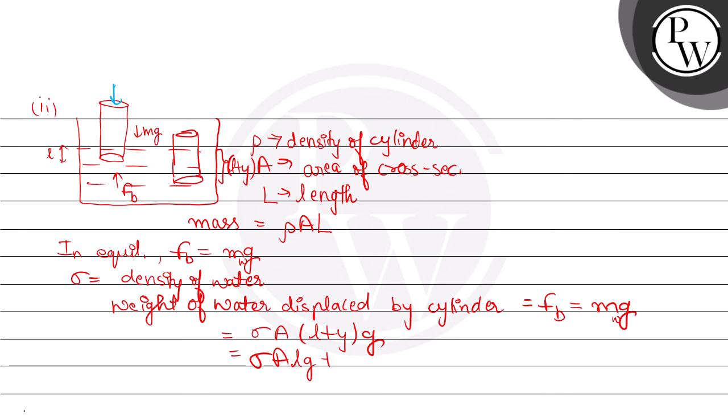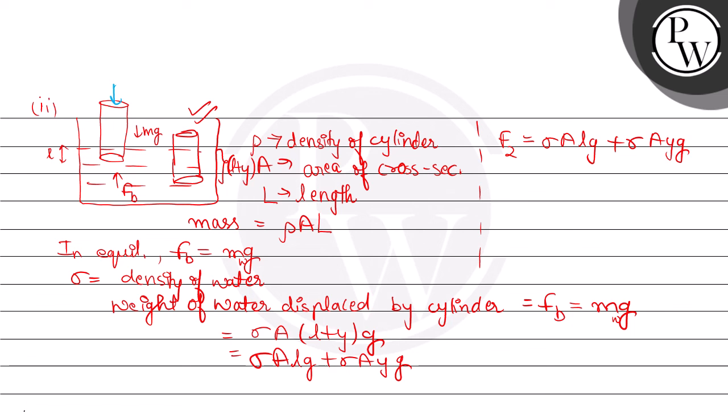This can be written like this: sigma into A into y into g. After that, let's say this F2 is the buoyant force for the second case when it is pushed inside the water. So how much will it be? This will become F2 is equal to sigma into A into L g plus sigma into A into y into g.